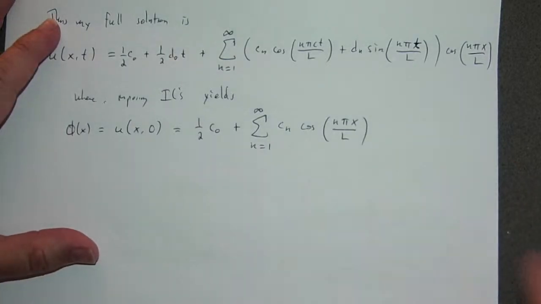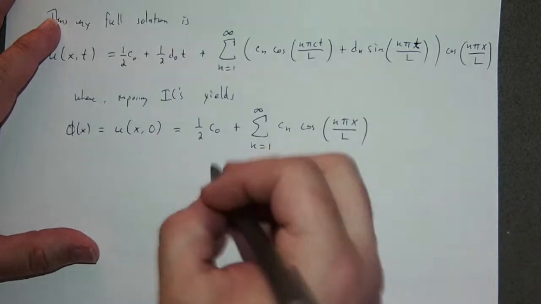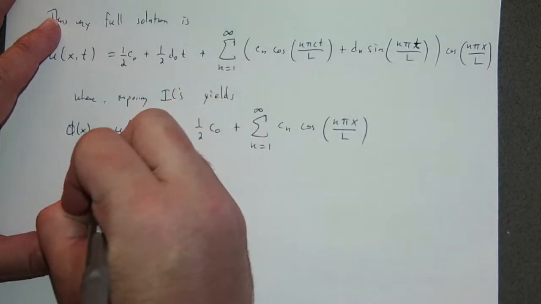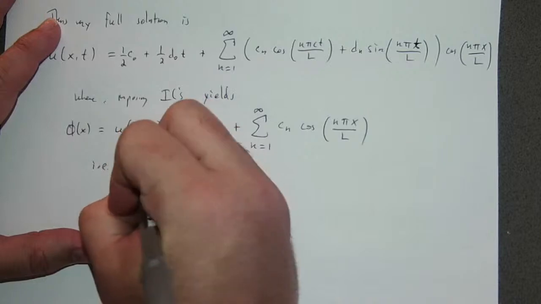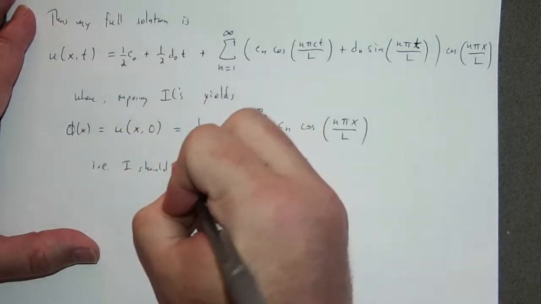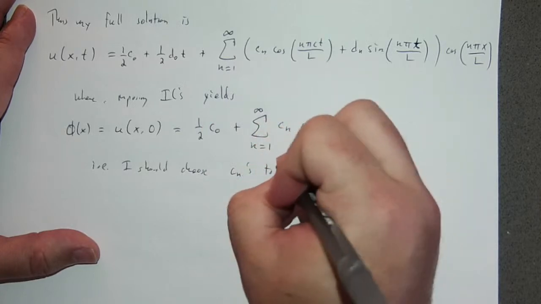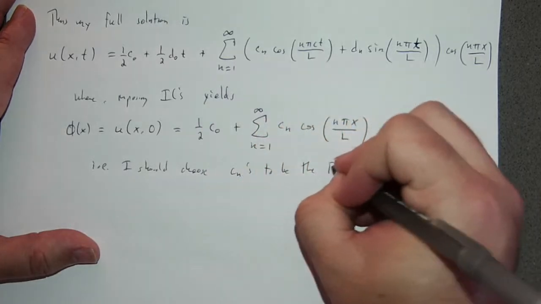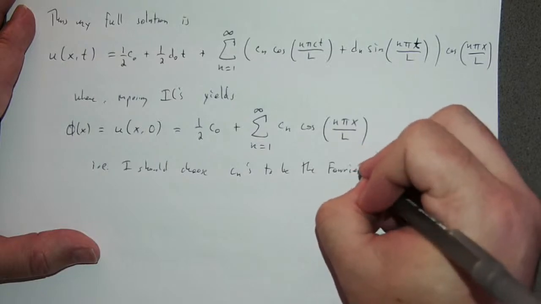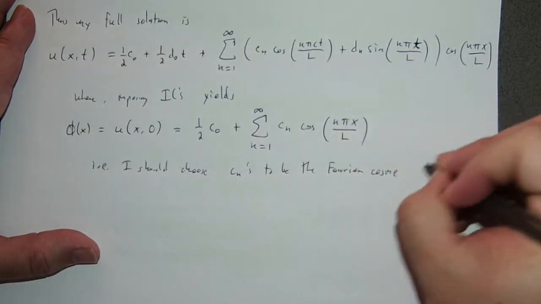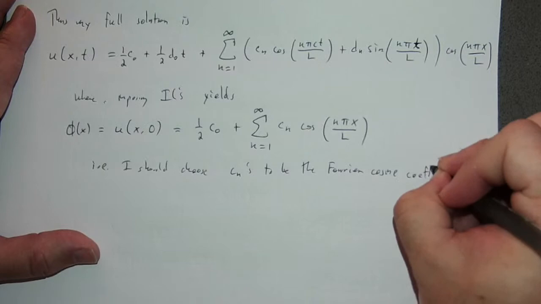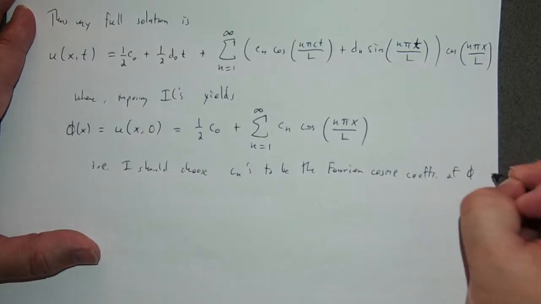So this is going to tell me that I should choose c sub n to be the Fourier cosine coefficients of phi.